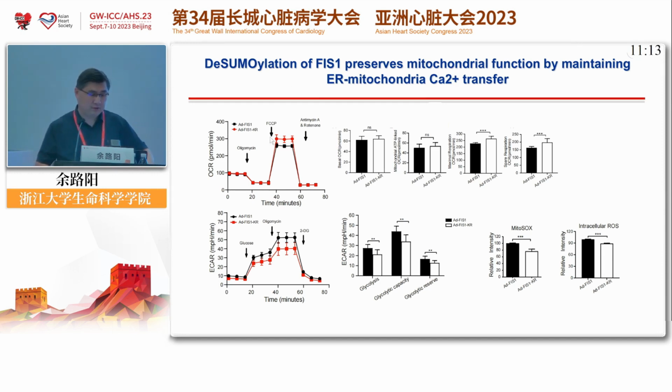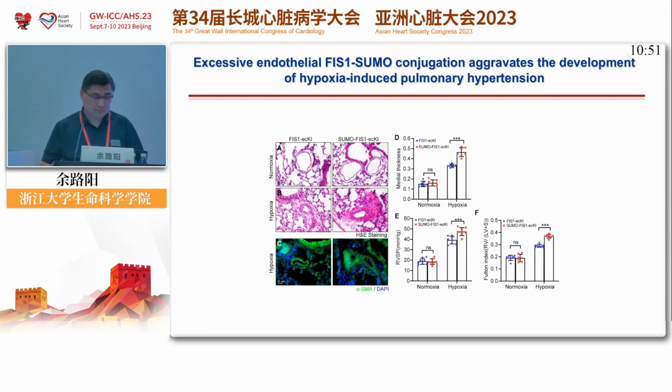Here we show the deSUMOylated form can preserve better oxidative phosphorylation, but can limit the glycolysis, which we call a bad signature for the phenotype of the endothelial cells during PH.